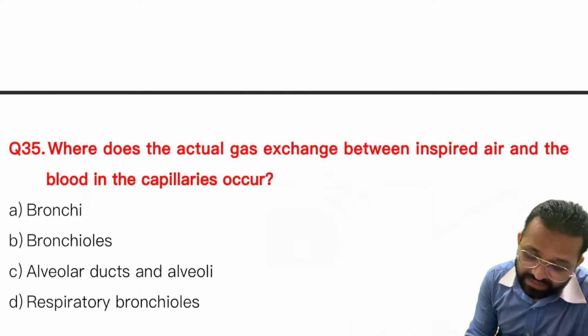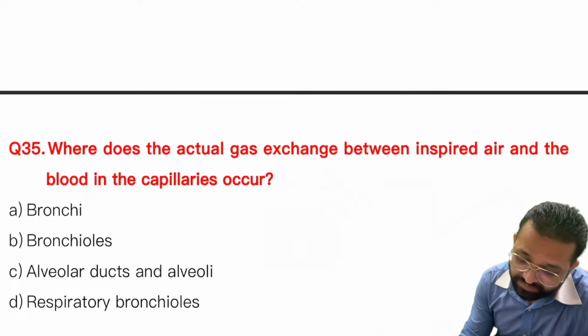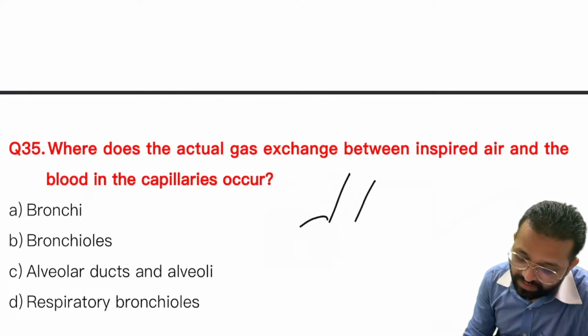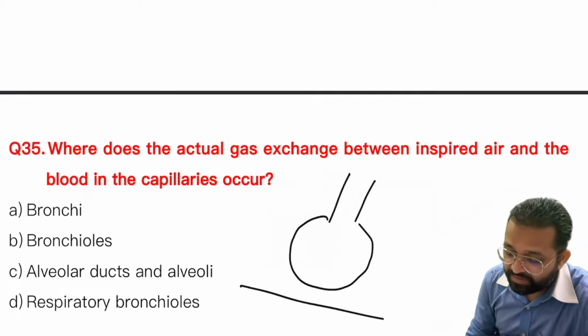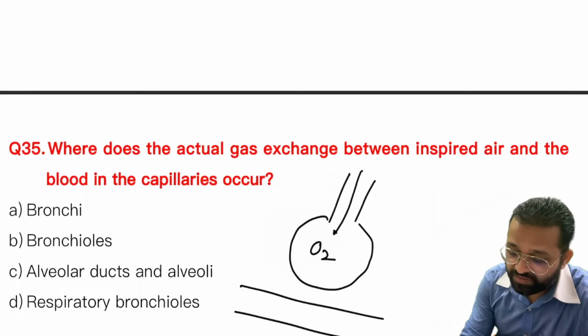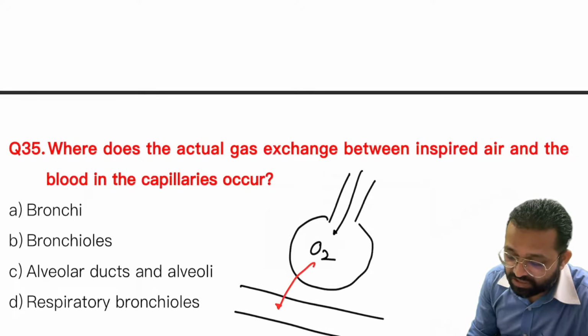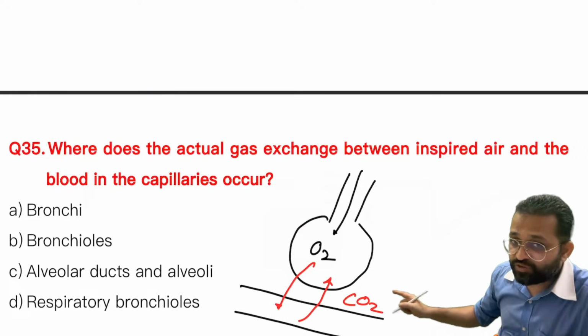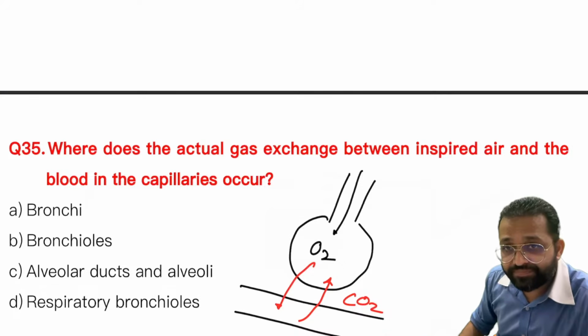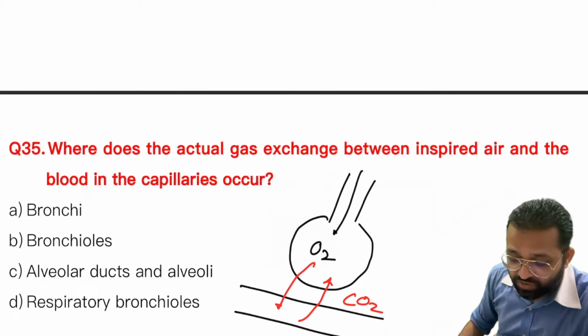Look here. They are asking about the gas exchange. So this is our alveoli. Here is a blood vessel. Oxygen is coming in, so oxygen is transported to the blood and carbon dioxide is transported from blood to the alveoli. Okay. So what is your answer?